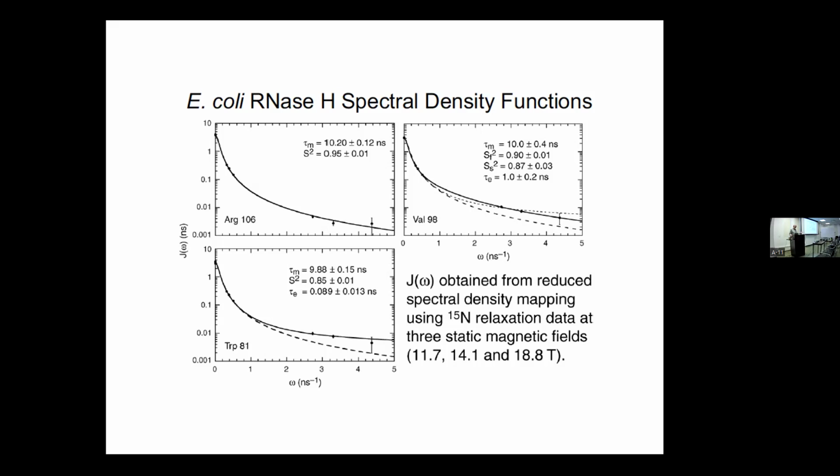You can parse those in different ways, but basically 5 is what you get. And that's because of this 1 over omega squared dependence that all the spectral densities have when you get to high magnetic field. To get somewhere, we have to get to lower magnetic field.